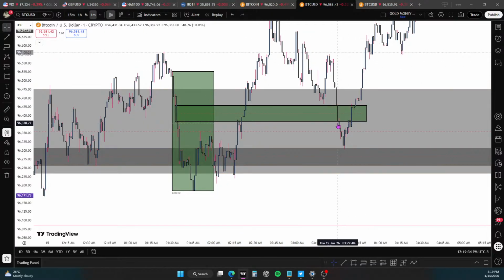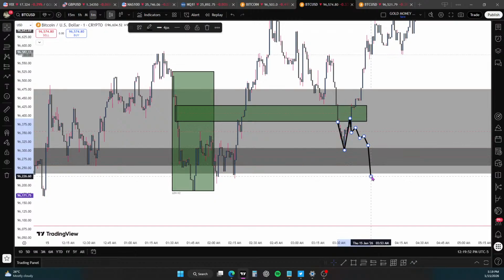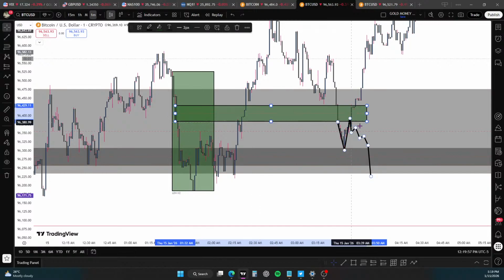If price had tapped it and then traded lower, then this fair value gap would be a reclaimed fair value gap, because it's bearish, then an inversion, and then becomes bearish again, so it's reclaimed.